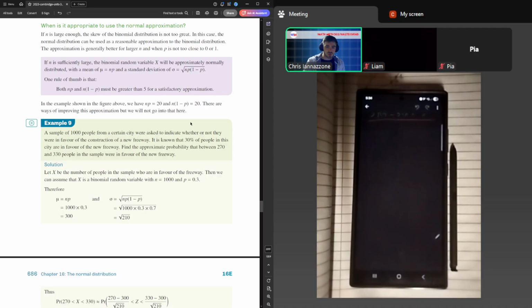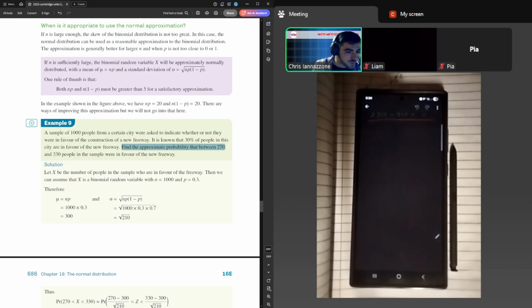And it's assumed that individually, we're told 30% of people are in favor. So you're either in favor or you're not, and any given person has the same likelihood of being in favor or not in favor. Those are the two key things which tell us that a binomial probability is useful.